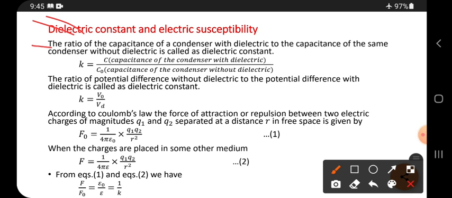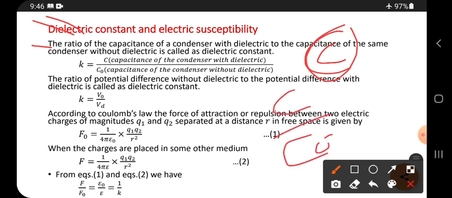Another name of the capacitor is condenser, and its capacity is generally termed as capacitance. Condenser capacity is capacitance, we have to say. Okay. So capacitance C by C naught.